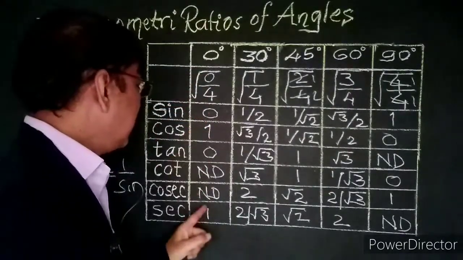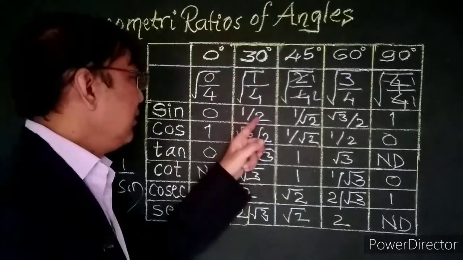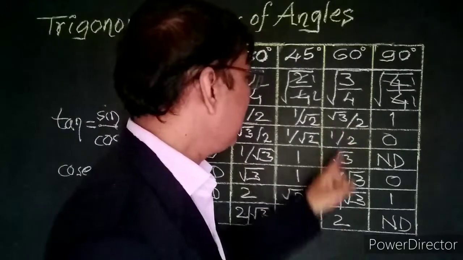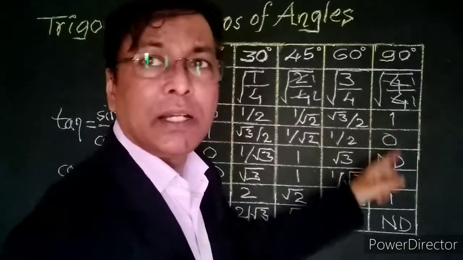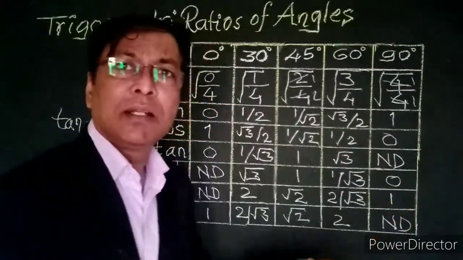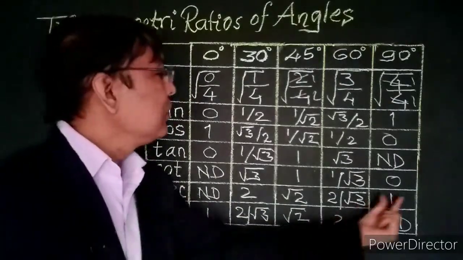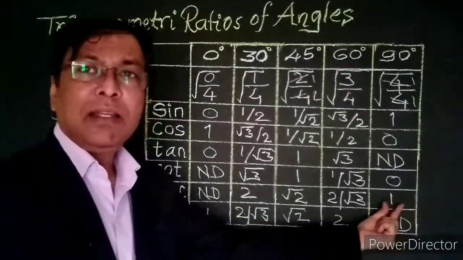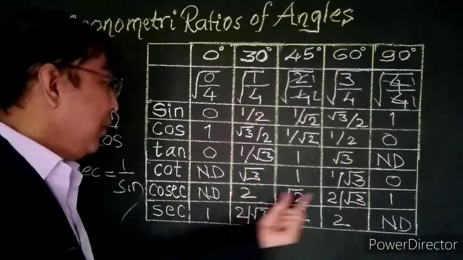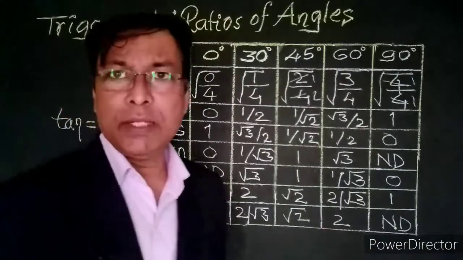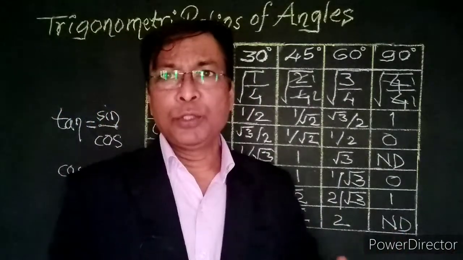So it is not definable. Then this will become 2, this will become root 2, this will become 2 upon root 3, and when we invert 1, it remains 1 only. To get the values for sec theta, just we have to write again in reverse way, that is from right to left, we get sec theta. I hope you have understood this one.